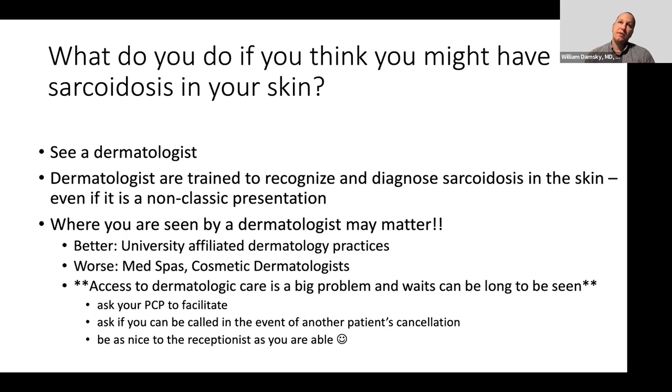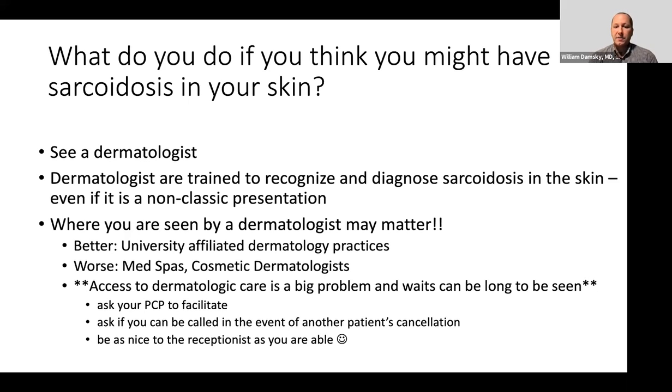So for folks that are looking to establish care, university-affiliated dermatology practices in your area are the best bet. These are dermatologists that are trained to and actively see patients with these less common inflammatory dermatology problems. There are other places which maybe aren't as well equipped. And so I'd encourage you to seek care at one of these places.